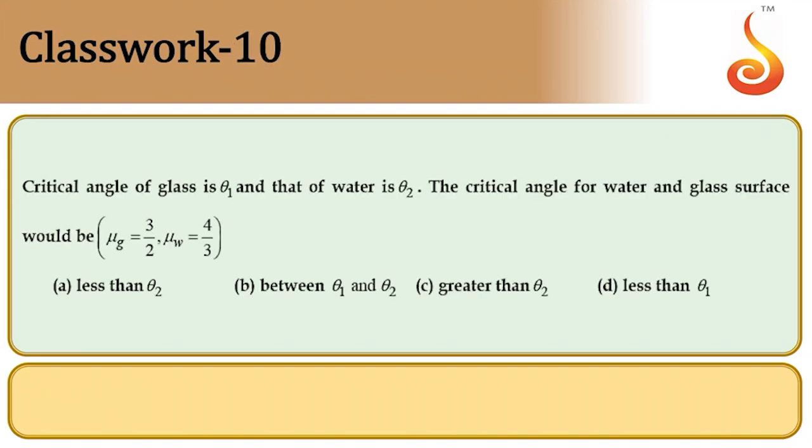Example 10. Critical angle of glass is theta 1 and that of water is theta 2. The critical angle for water and glass surface would be? Refractive indices are given. So we have sin theta 1 is equal to 1 by ng, sin theta 2 is 1 by n of water.